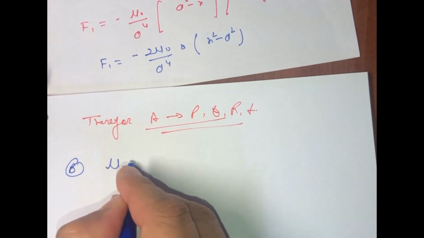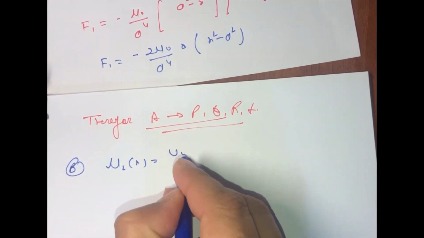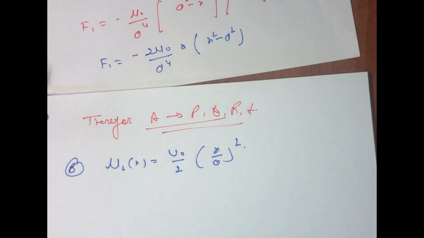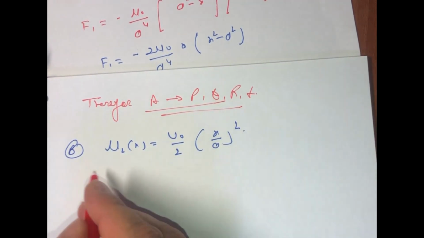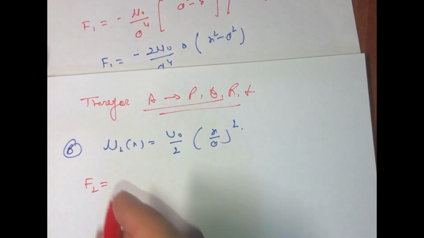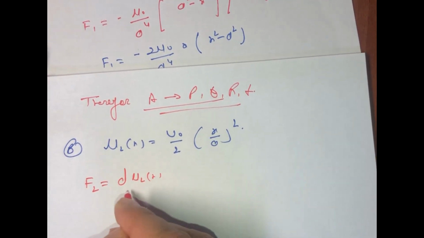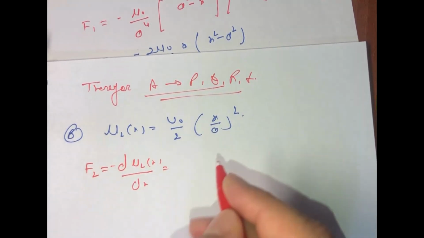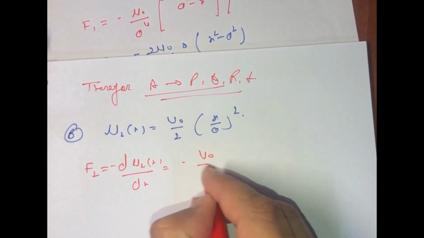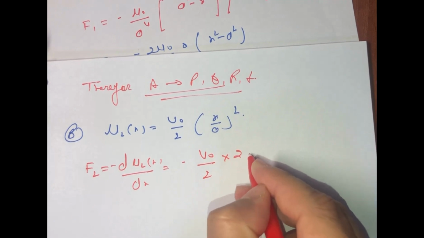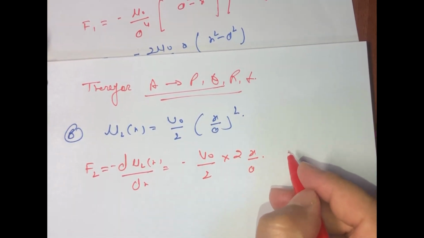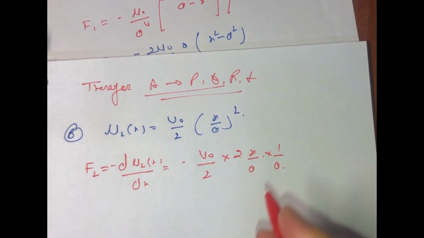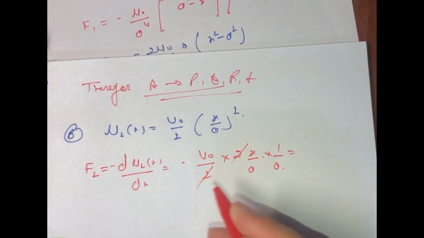It is given that U2(x) is equal to U0 upon 2 (x upon a) whole square, and once again let us suppose that the force is F2, which will be the derivative of U2(x) upon dx, and we can say, sorry, with minus, this will be minus U0 upon 2 into 2x upon a, and multiply by 1 upon a, which equals, 2 cancels out with 2.